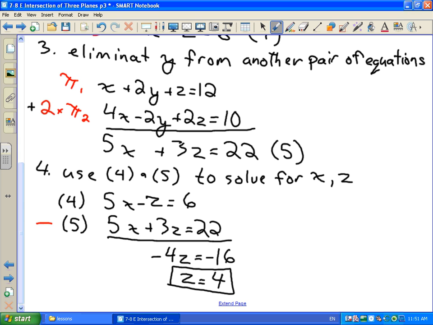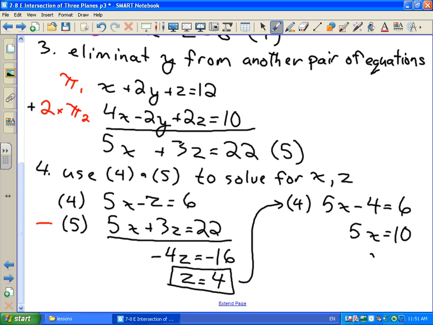Now, if z equals 4, let's sub this back into equation number 4, and we'll get 5x minus 4 equals 6. So 5x is going to equal 10, and x equals 2.